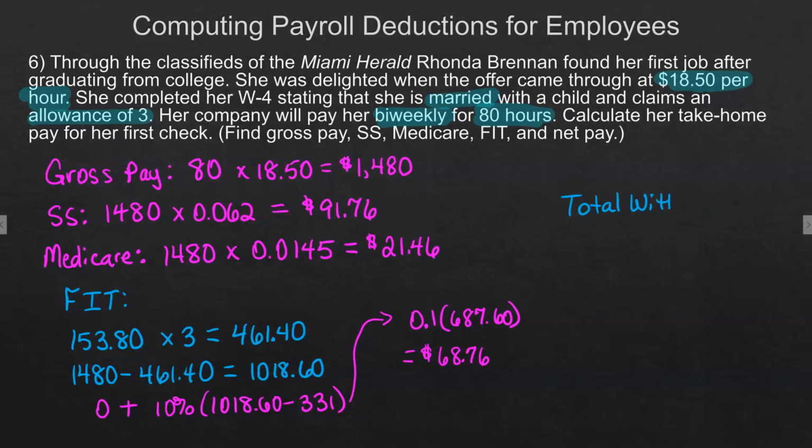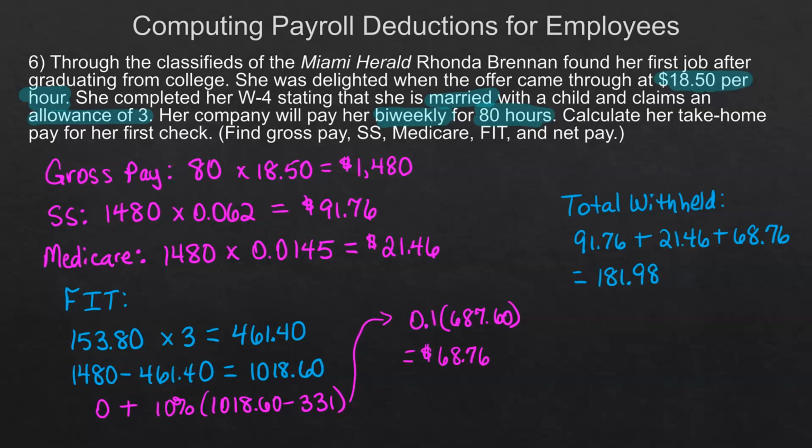Okay, so the total withheld is going to be Social Security, Medicare, and the federal. So the total withheld is going to be $181.98.